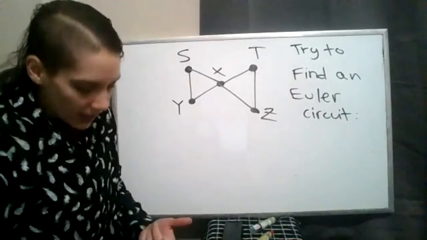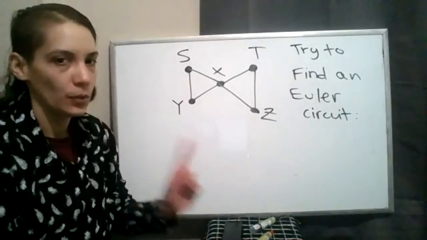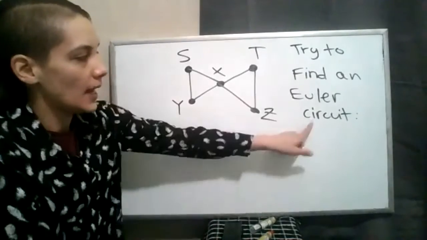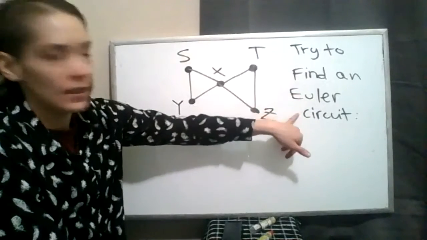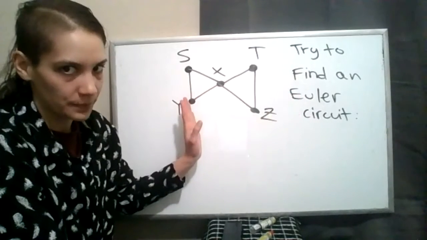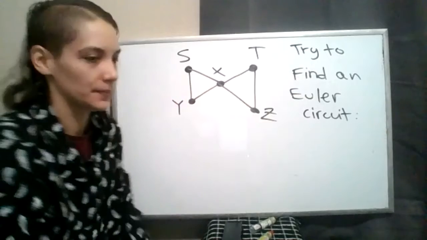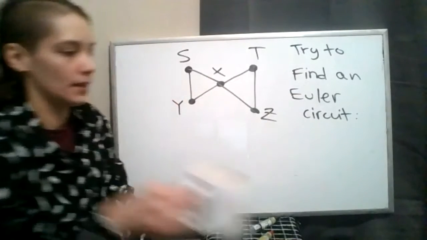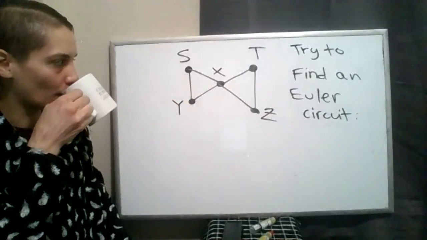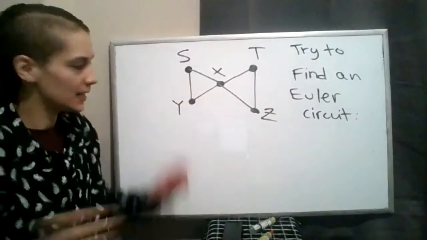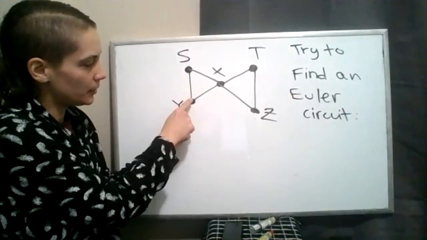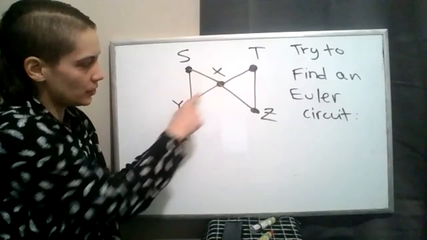Okay, so a circuit is a path, so we have to use each edge one time. And a circuit ends where it starts. And an Euler circuit uses every single edge one time. I'm already kind of thinking, if I started at W, I might travel along this triangle.